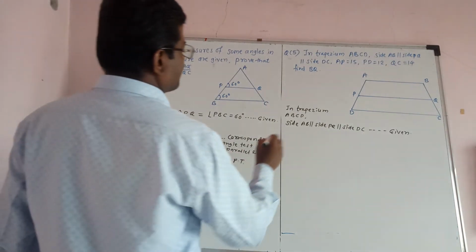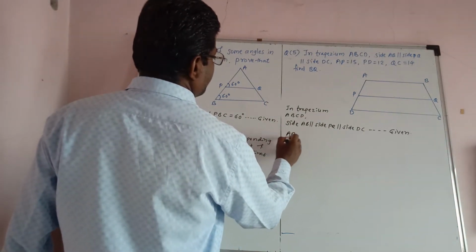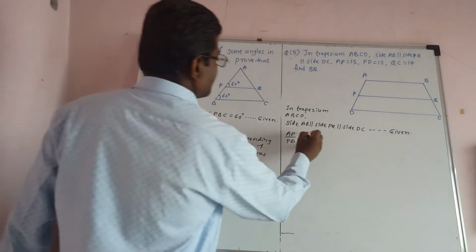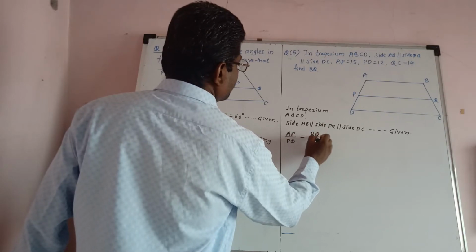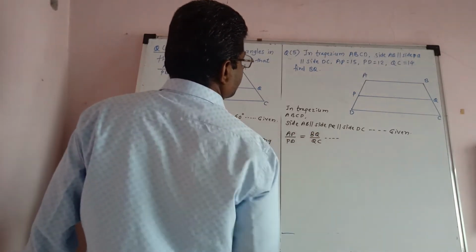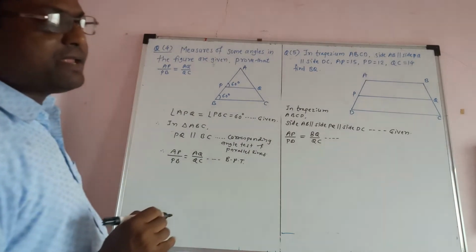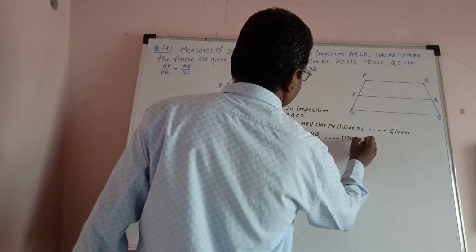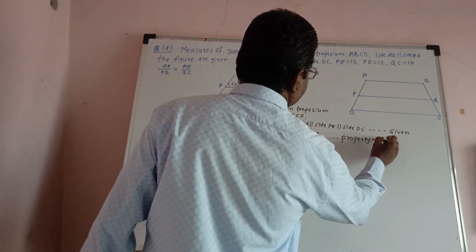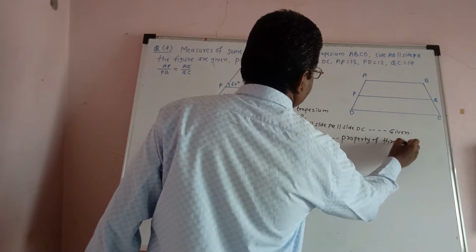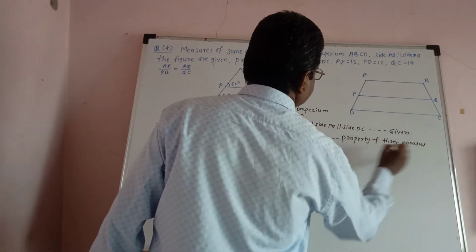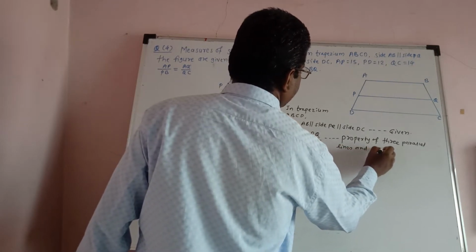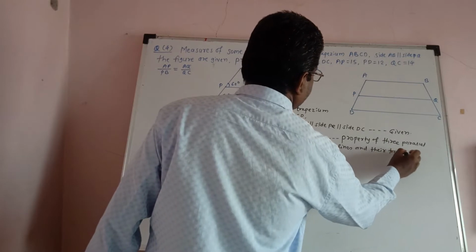Now AP upon PD is equal to BQ upon QC, property of three parallel lines and their transversals.